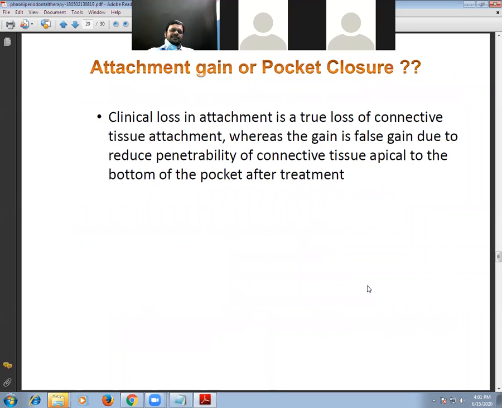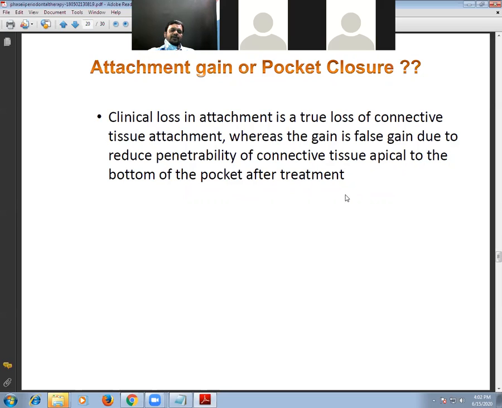So there is a misconception regarding whether there is attachment gain, or there is pocket closure. Clinical attachment loss is a true loss of connective tissue attachment, whereas gain is a false gain due to reduced penetrability of connective tissue affected to the bottom of the pocket after periodontal treatment.